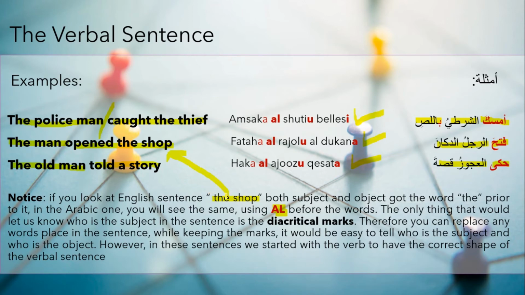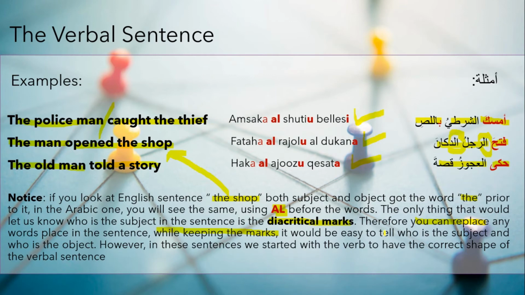In short, the diacritical marks, as we explained in the lecture related to diacritical marks, indicate which one is the subject, which is the object, and which is the verb. Here we are going away from the verbal sentence type, but it is just general information for us.